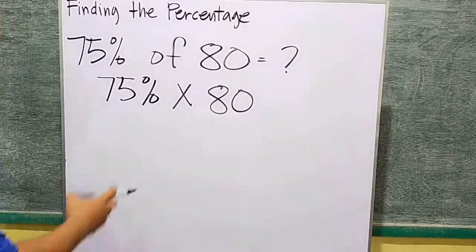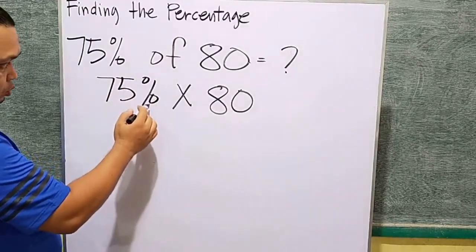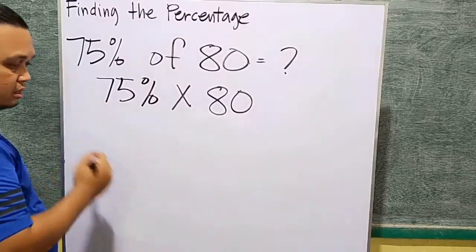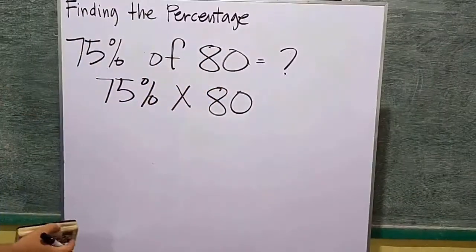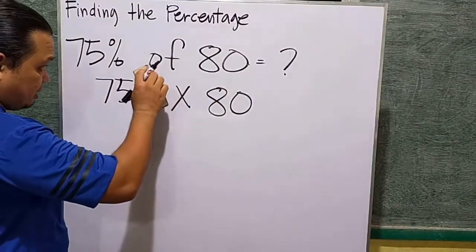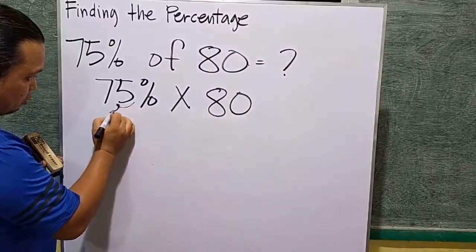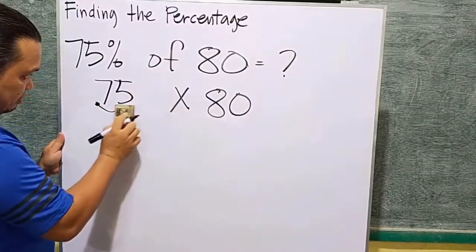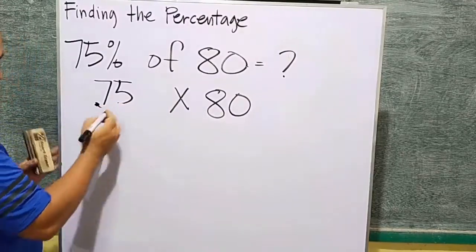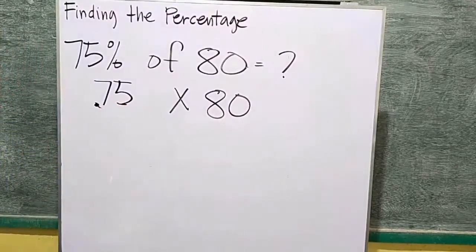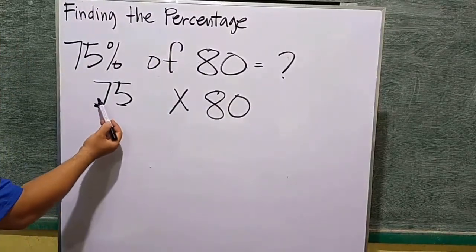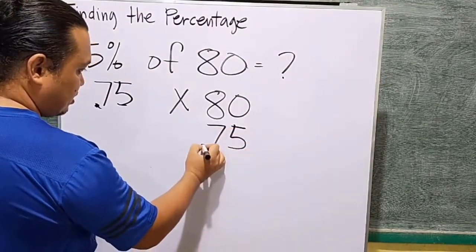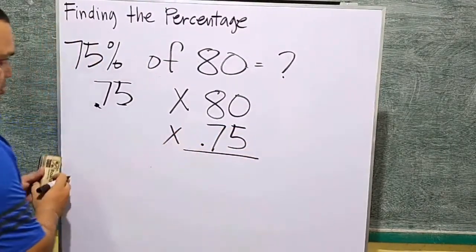By moving the decimal point two steps to the left and dropping the percent sign. Let's move it two steps to the left, 1, 2. So this will be our decimal number, and we drop the percent sign. So we now have 0.75. Now we are multiplying a decimal number by a whole number. So we have 0.75 times.